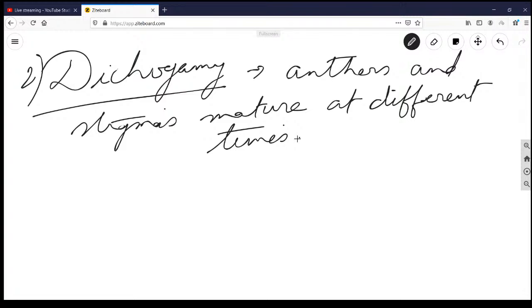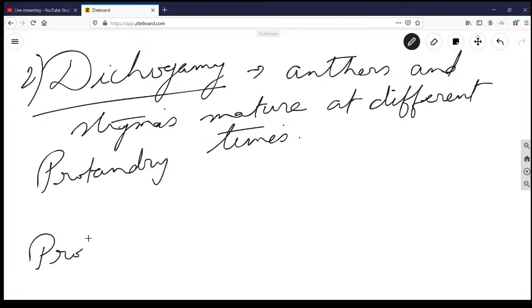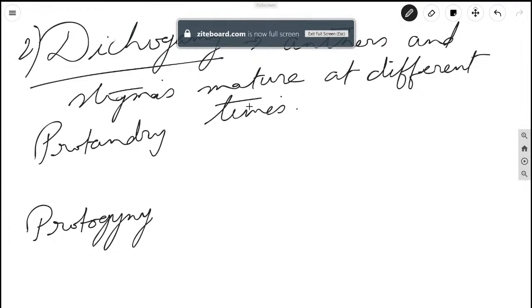Right? Now dichogamy is of 2 types: protandry and protogeny.